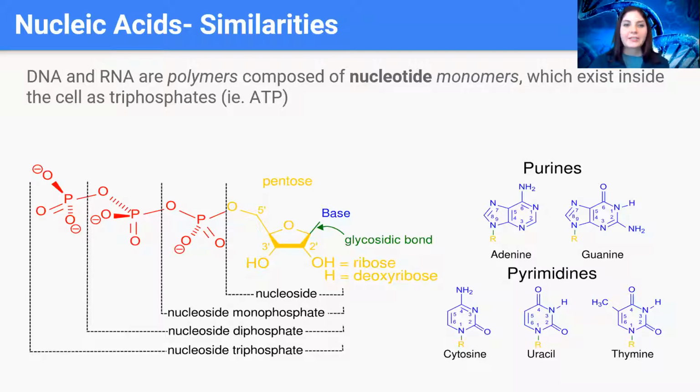We cleave off that second phosphate, which releases some energy, not quite as much as that third phosphate, but we still got a little bit left. Then we are left with a nucleoside monophosphate. Now this is going to be that building block for the sugar phosphate backbone and nitrogenous base for our DNA and RNA strands. And if we cleave that phosphate off, we are left with just a nucleoside, just that ribose and the nucleotide base.